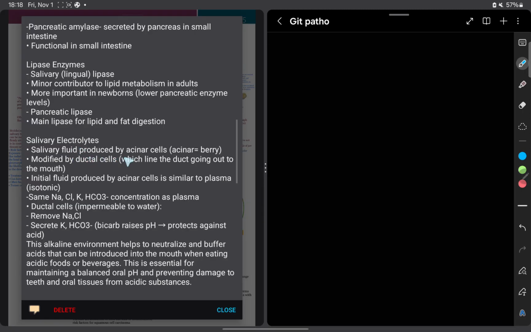Salivary fluid is produced by acinar cells and it is modified by ductal cells. So let's assume this is an acinar cell, this is the ductal cell. This is a berry shaped acinar cell, and this is a ductal cell.